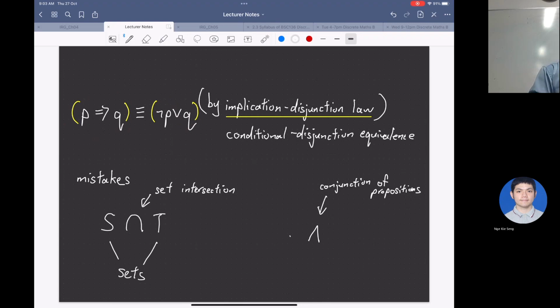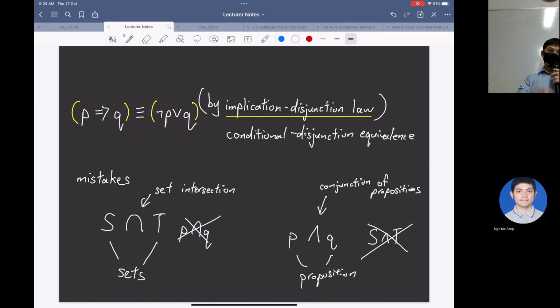But beside the conjunction, you should put two propositions. So don't put sets beside your conjunction. This one is wrong. And don't put propositions beside the intersection. What does it mean by two propositions intersecting? One is the rounded one, one is the sharp. Don't confuse. Similarly for the union.